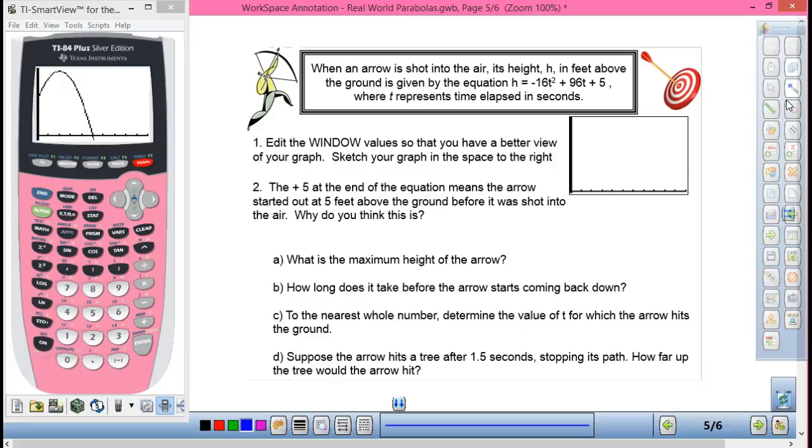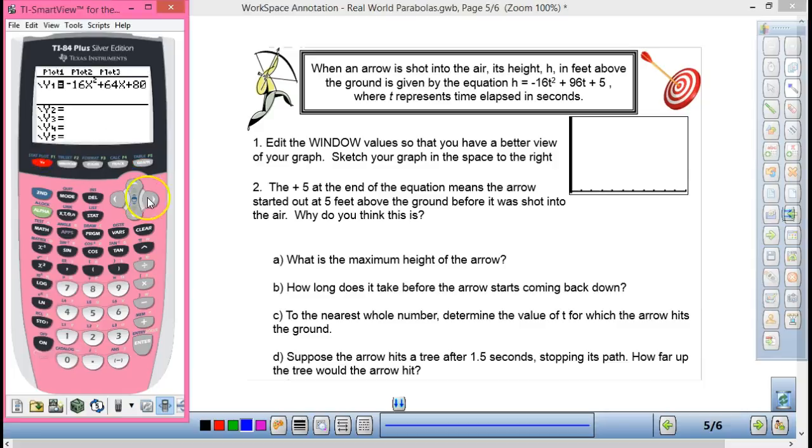So I'm going to graph this guy. Does it fit with what we have? Yeah, it's pretty decent. So go ahead and sketch your graph.